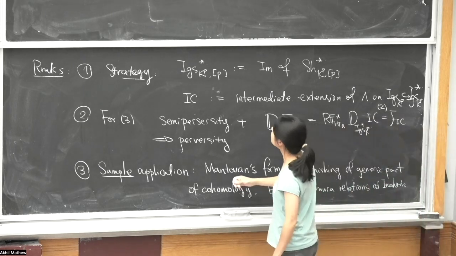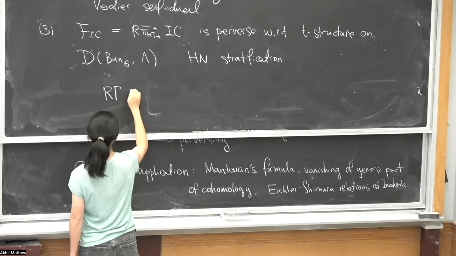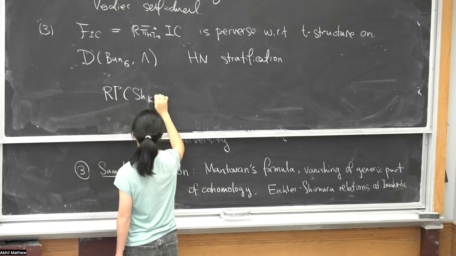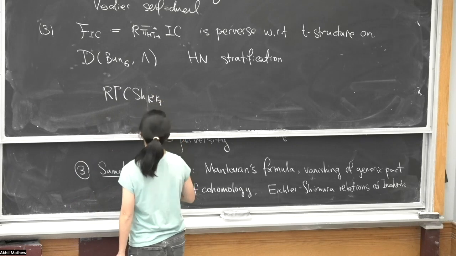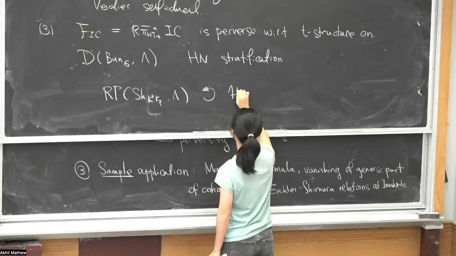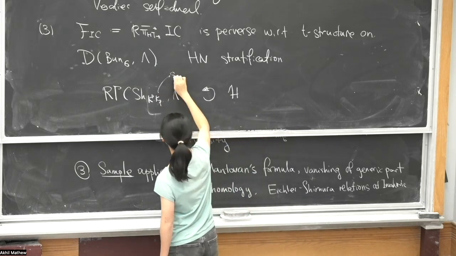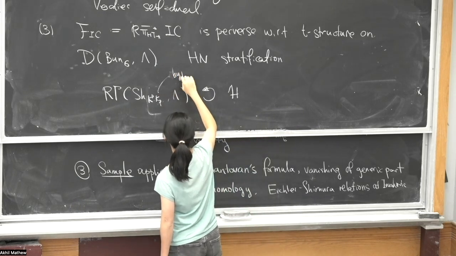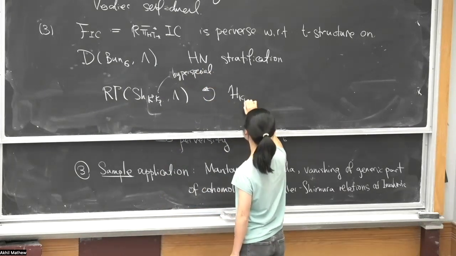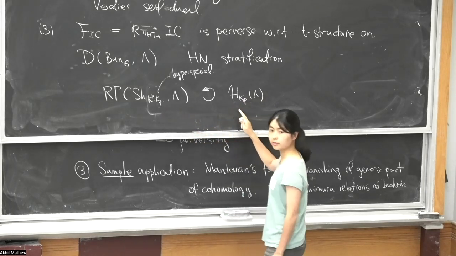Sorry, let me write a little bit here. If you look at this variety at the fixed level at p, then it has an action of the local or spherical Hecke algebra. Let's say this is a hyperspecial subgroup, and this is the spherical Hecke algebra for K_p with Lambda coefficients.